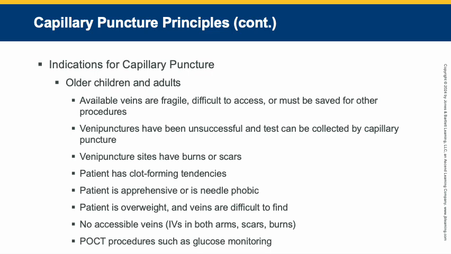There are no accessible veins. For example, the patient has IV lines in both arms or only acceptable sites are in scarred or burned areas. And lastly, blood is being obtained for point-of-care testing procedures such as glucose monitoring. This is done at the bedside and you only need a drop of blood, then that's acceptable.